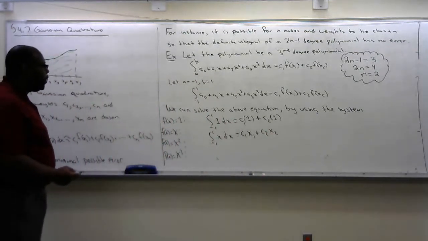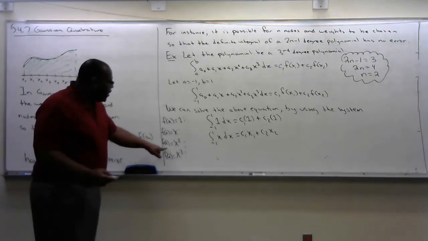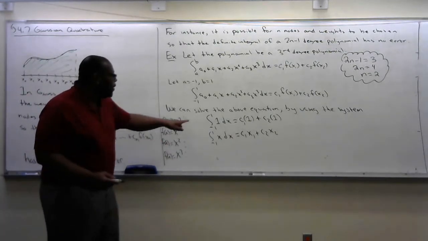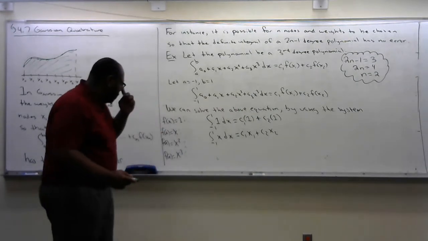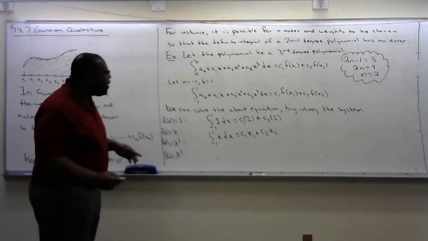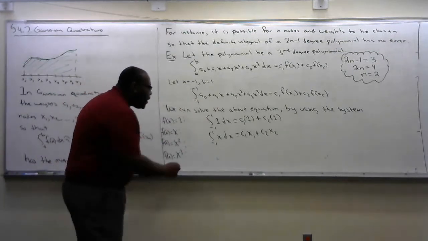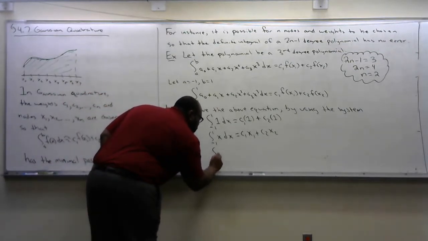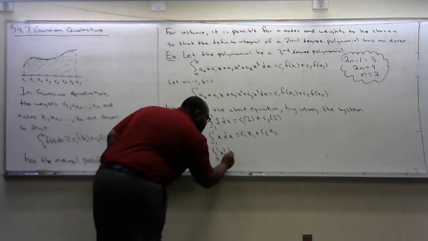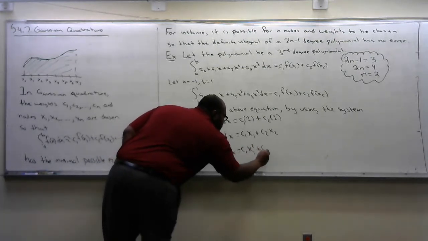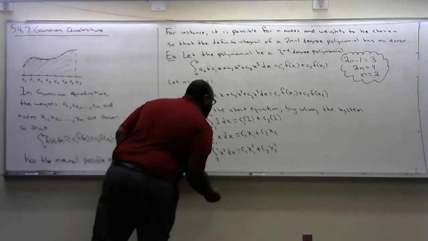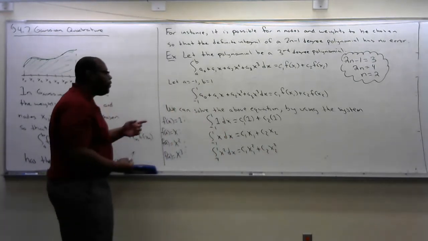Then I have my function x squared, so I'm dealing with polynomials of degree 2. If this statement is true, then the integral from -1 to 1 of x squared dx should be equal to c1 x1 squared plus c2 x2 squared, because my f of x is x squared for this particular one.